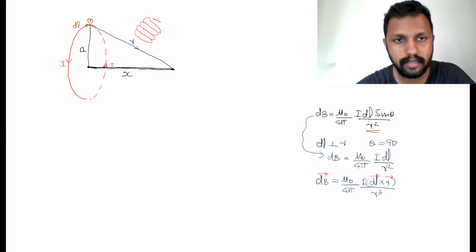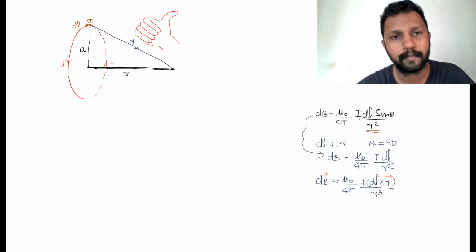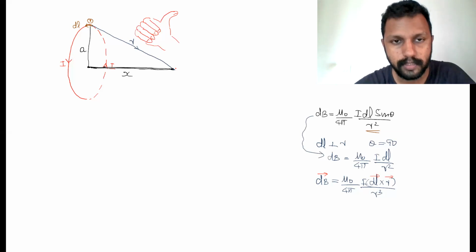If you are curling your right hand like this from dl to r, then the thumb of your right hand will denote the direction of db. Since dl's direction is outward and r is like this, if you are curling your right hand from dl to r like this, the direction of db at this particular point will be like this.